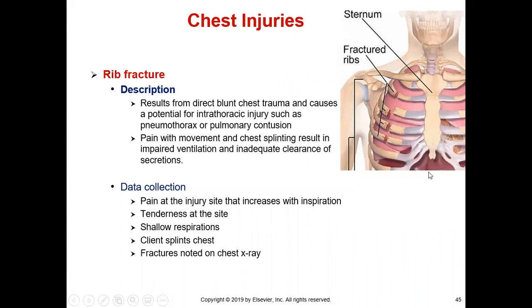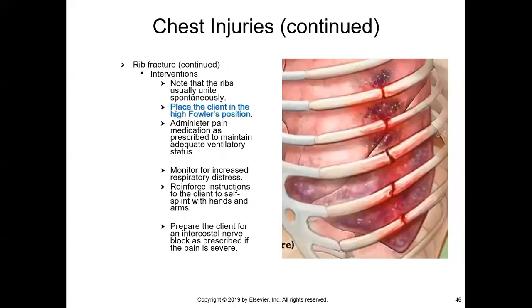So if we take a radiograph of the chest, we can see the rib fracture in the radiological image. In this picture, we can see the fracture in the ribs and also lung contusion, penetration, and hematoma formation.